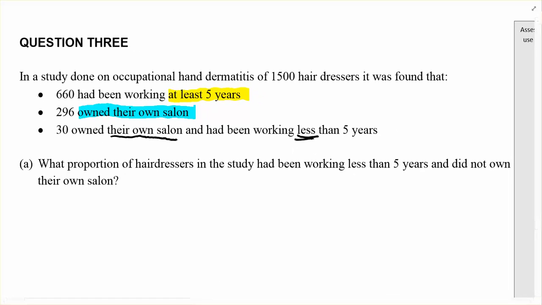And the question is, what proportion of hairdressers in the study had been working less than 5 years and did not own their own salon?